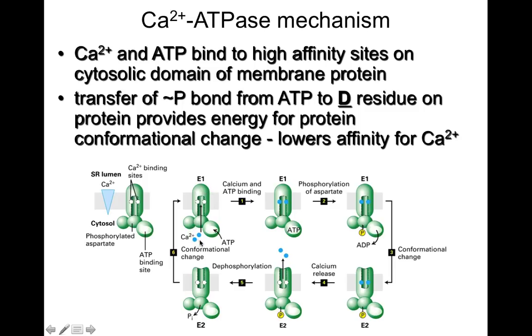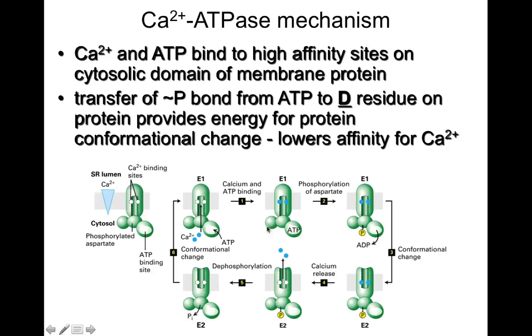So calcium ions initially will bind to two areas or two spots here called affinity sites within this ATPase pump. So two calcium ions bind to the affinity sites here of this pump. At the same time, we have ATP binding to another area of the pump.